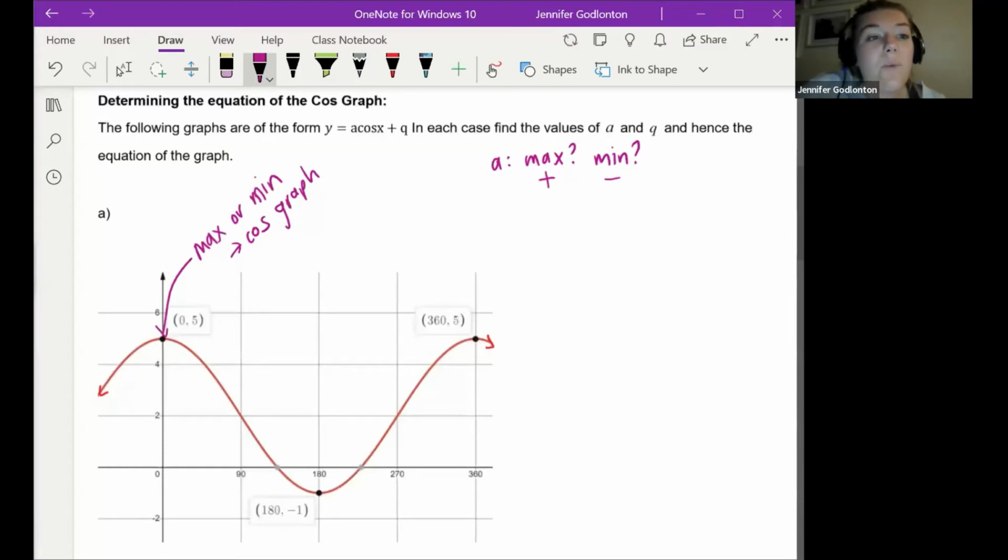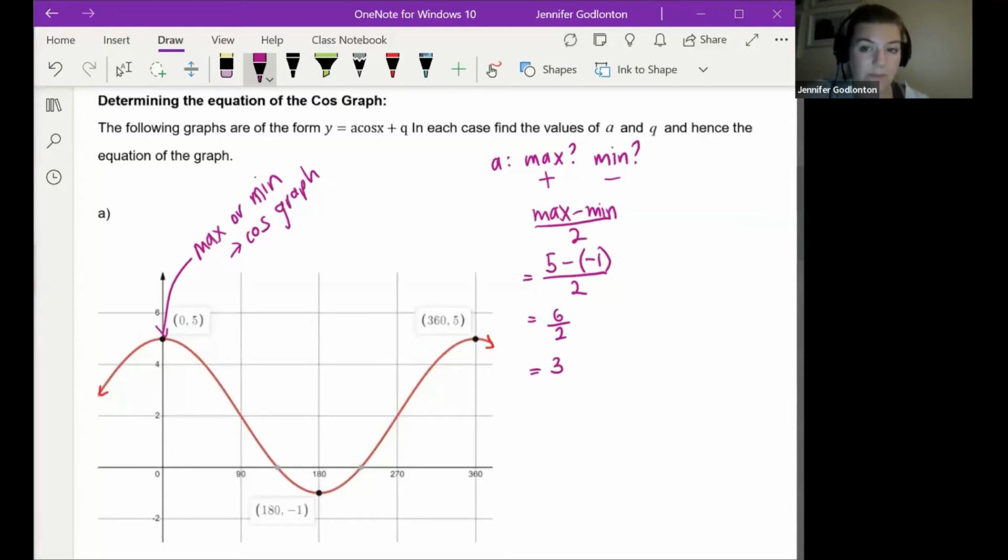Then we look for what that A value would be, and we do it by working with the amplitude formula. We take our max, minus our min, and divide by 2. Our max is 5, we're minusing, don't forget these brackets, -1, and dividing that by 2. That gives me 5 plus 1, which is 6 over 2, which is 3.